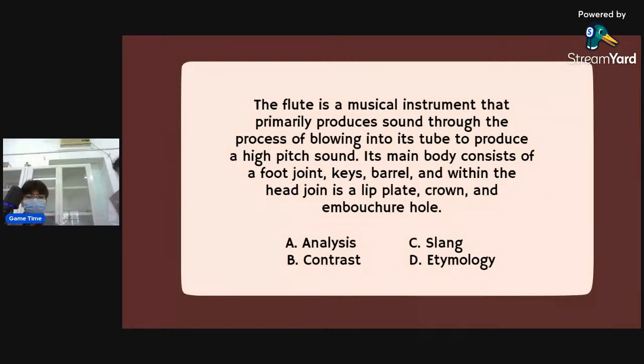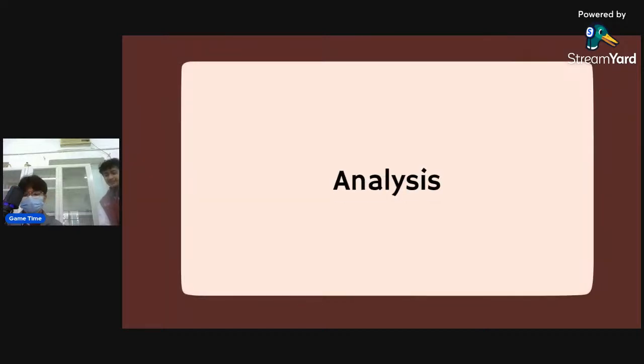Is it analysis, contrast, slang, or etymology? Type the letters. Is it A, B, C, or D? Okay, it's A. Good job, guys. It is correct. It is analysis.